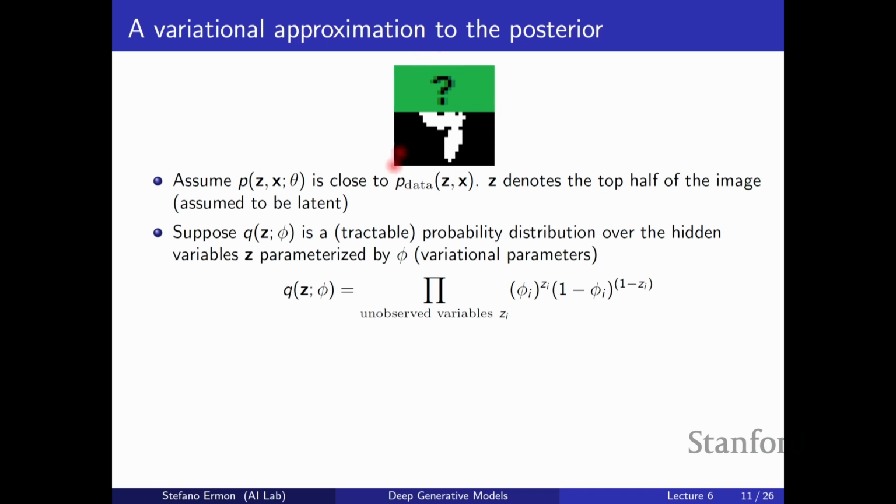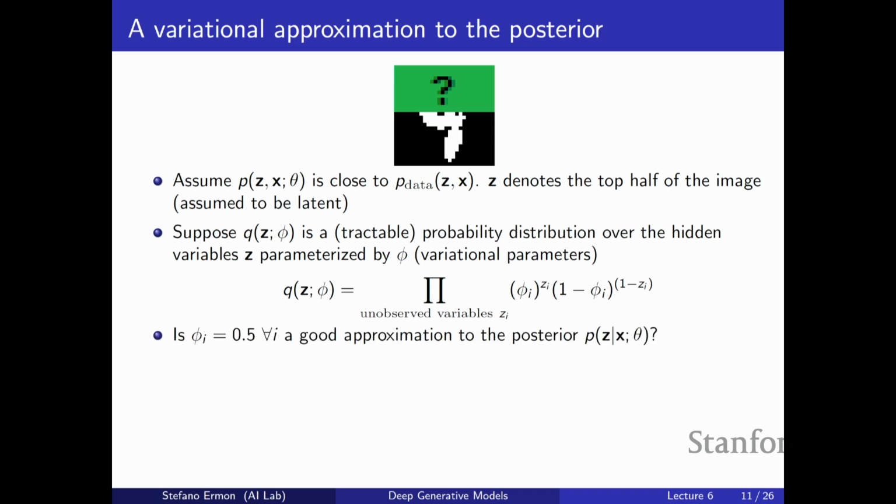And here, just for simplicity, I'm saying the pixels are just binary, 0 or 1. And so you have a bunch of variational parameters that will basically tell you the probability that you should choose each individual pixel that is not observed to be on or off. So in this case, you have one variational parameter per missing pixel.